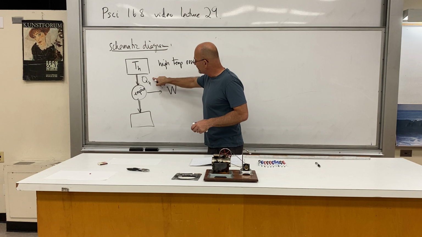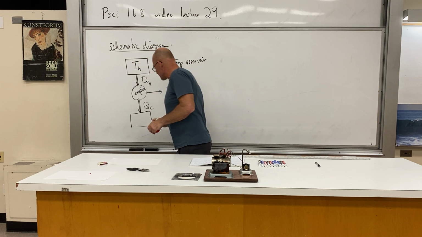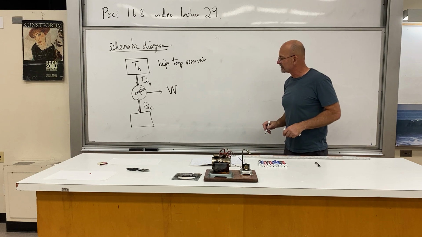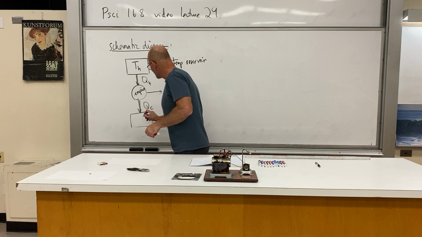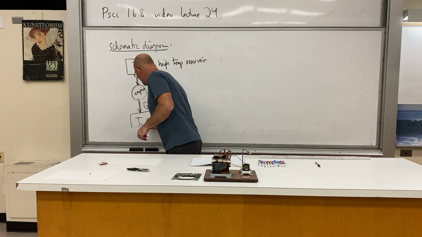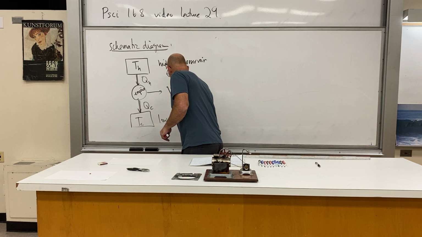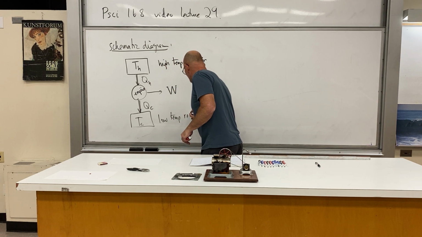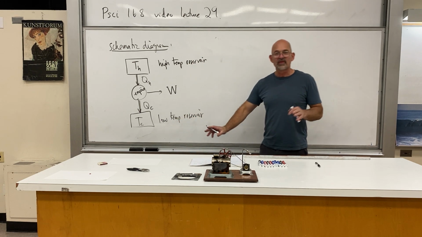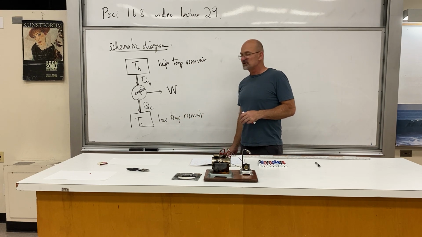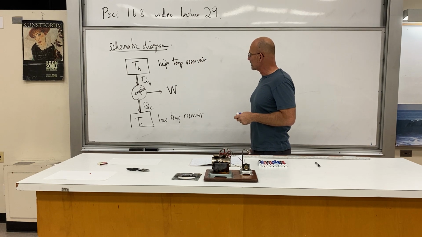And so some of that energy comes out at a lower temperature, Q sub C, and we say it goes into the low temperature reservoir. Okay, so this is the low temperature reservoir. For example, with both the examples I had, it was the atmosphere. It was just the air surrounding the engine.